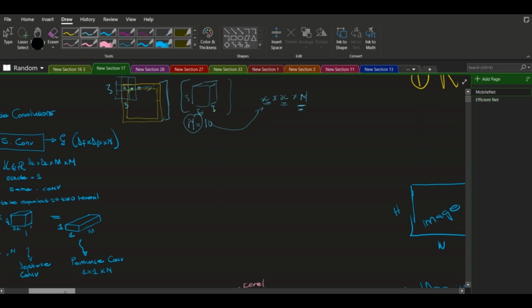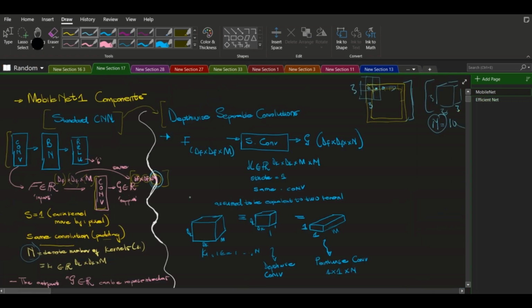Okay, that's that. Then please remember this, because as we continue, we're going to denote the kernel by DK by DK by M. So M is going to have the same value as the input channels.